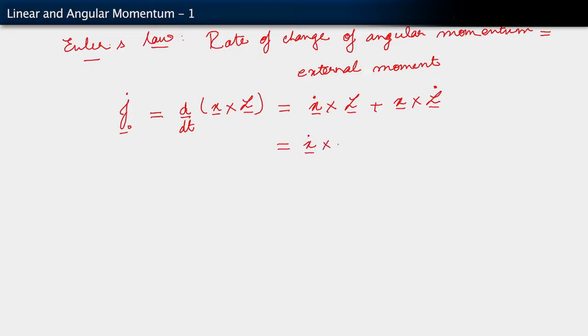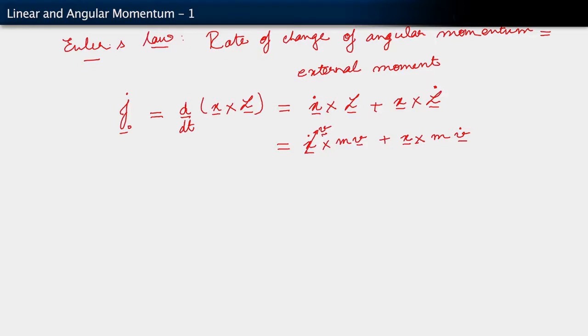So L, you recall, was mv, plus, so that is x cross m v dot. All right. But now we observe that what is x dot? X dot, after all, is just the velocity itself, right?